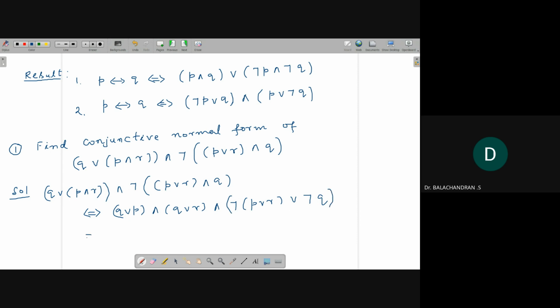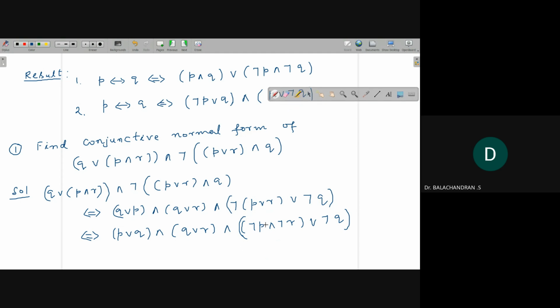So now this is equivalent to: you can write this as P or Q using the commutative law, and Q or R, and apply here De Morgan's law again. So you'll get negation P and negation R, and then here the bracket R or negation Q, close the bracket.